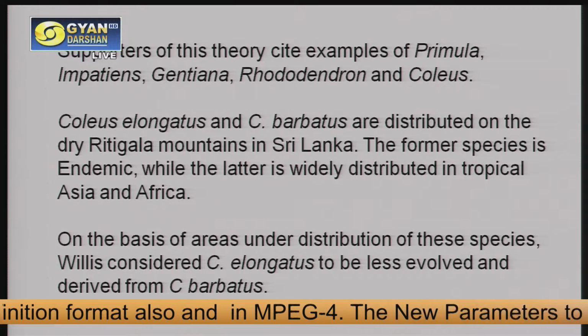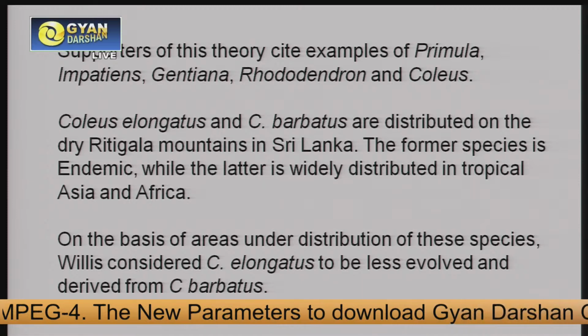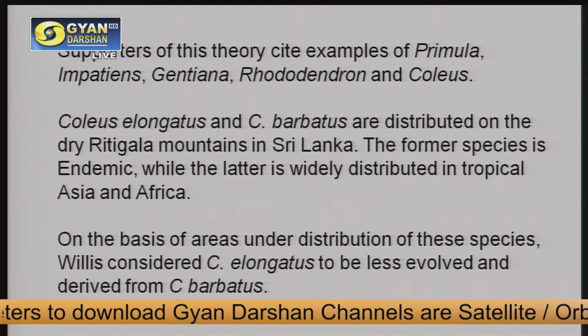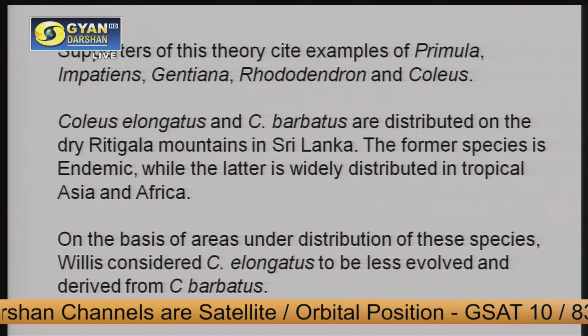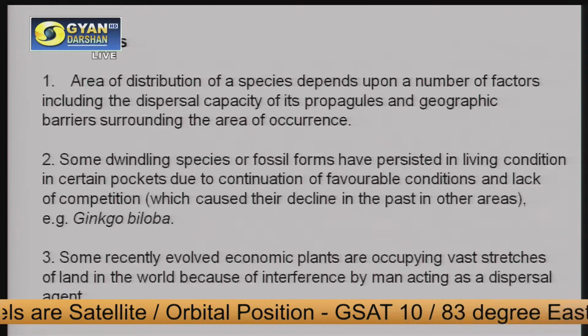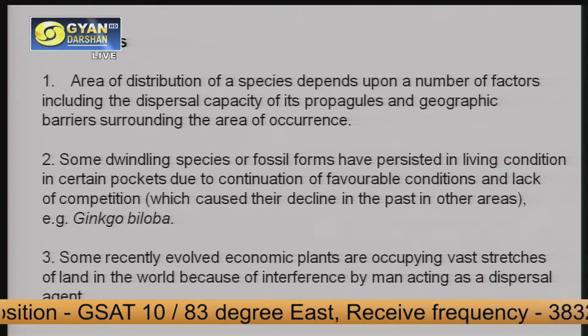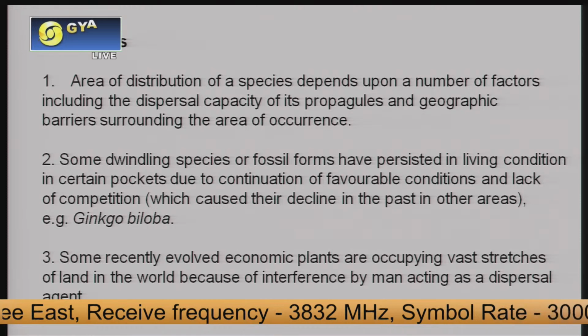The former species is endemic, while the latter is widely distributed in tropical Asia and Africa. So the two species have different characteristic features in terms of their distribution. Now there are scientists who criticize this theory, and there are several grounds for that.